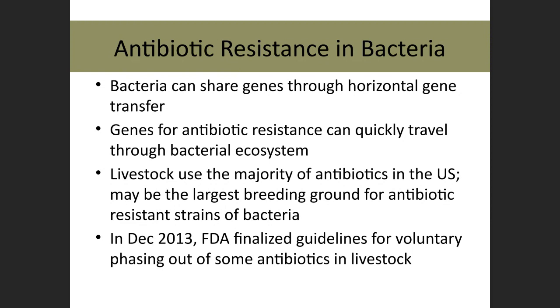For mass livestock breeding, they usually feed them corn, and that makes them sick. And so they're given antibiotics as a regular part of their everyday diet. So this is a great breeding ground for antibiotic resistance because they're always surrounded by antibiotics.